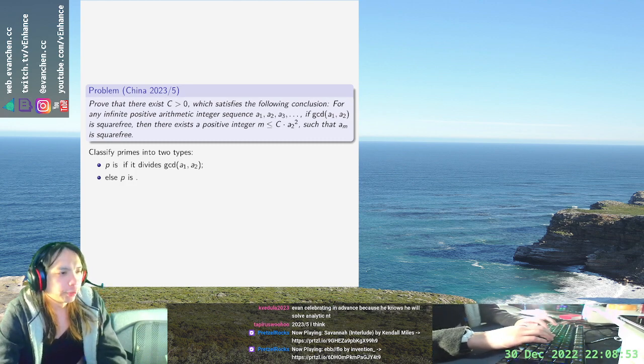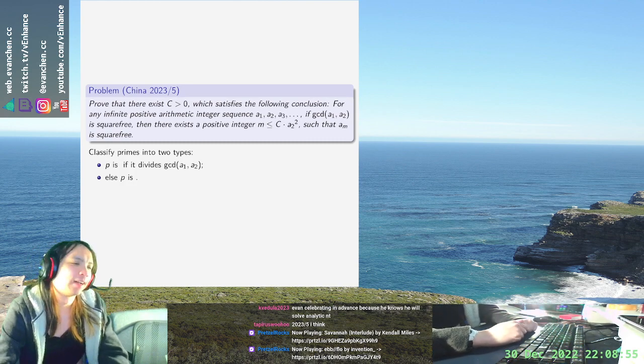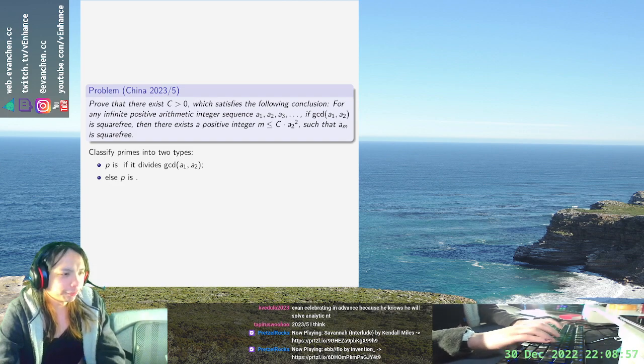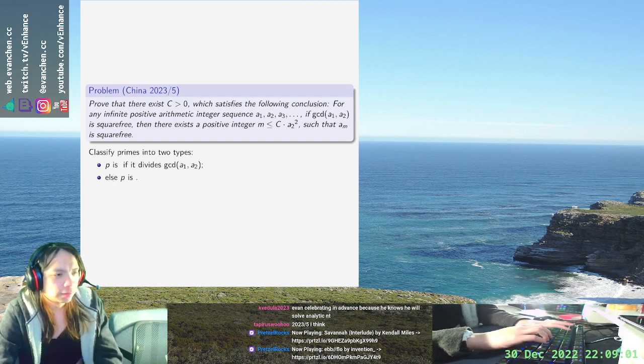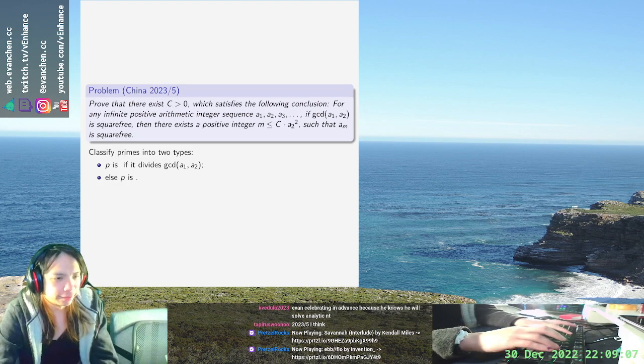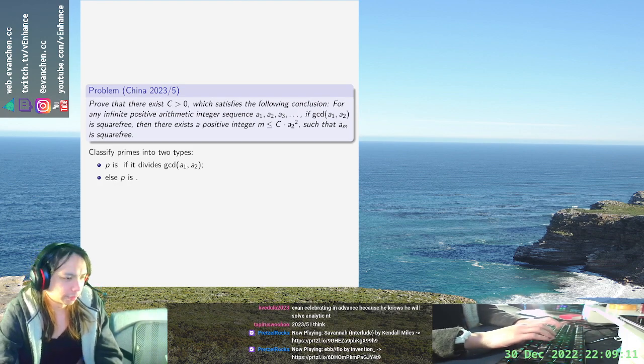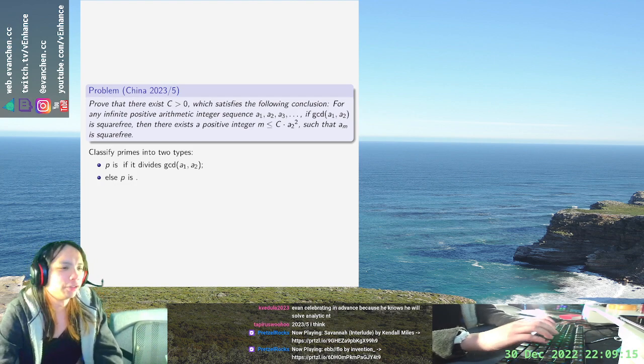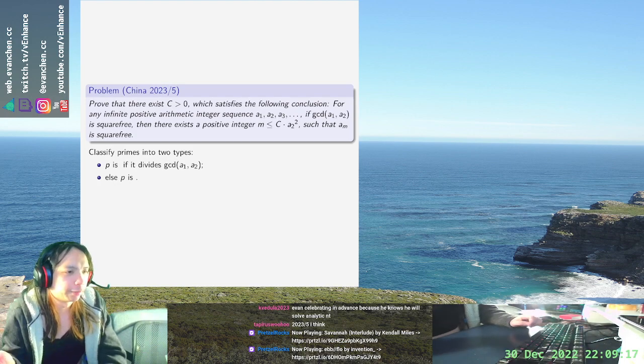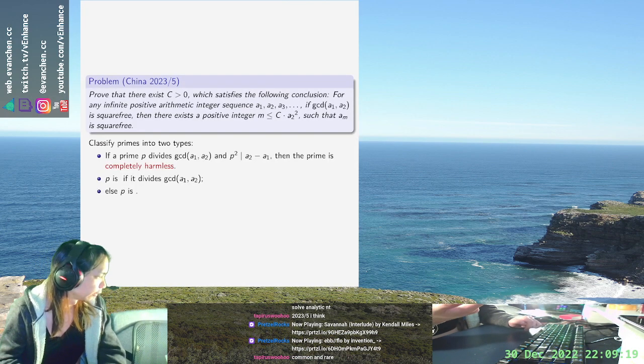Okay, so if a prime P divides GCD(A1, A2), and P squared divides the common difference, then that prime is completely harmless. Literally every element of the arithmetic progression will not have a square factor of P.